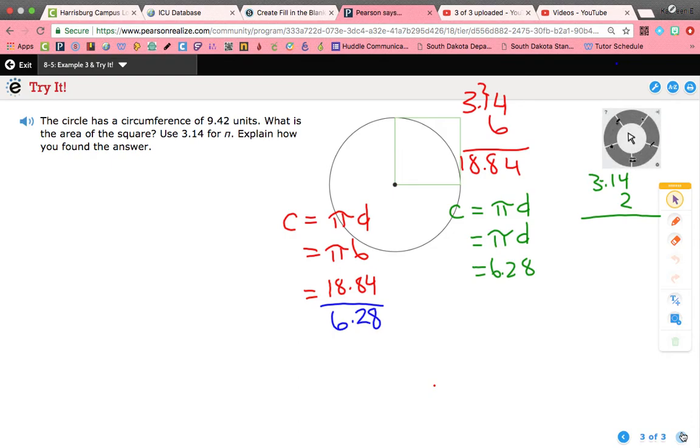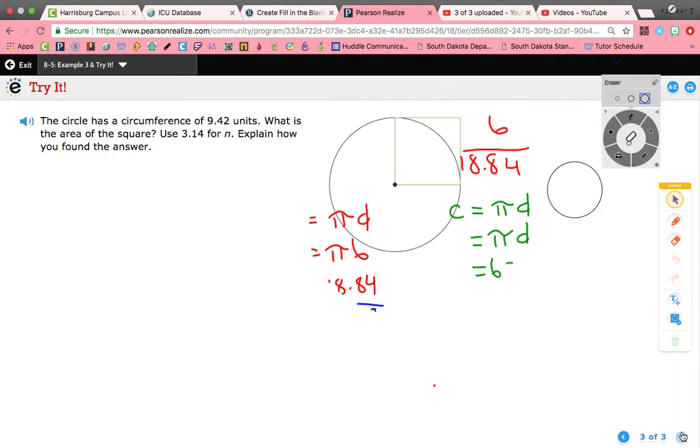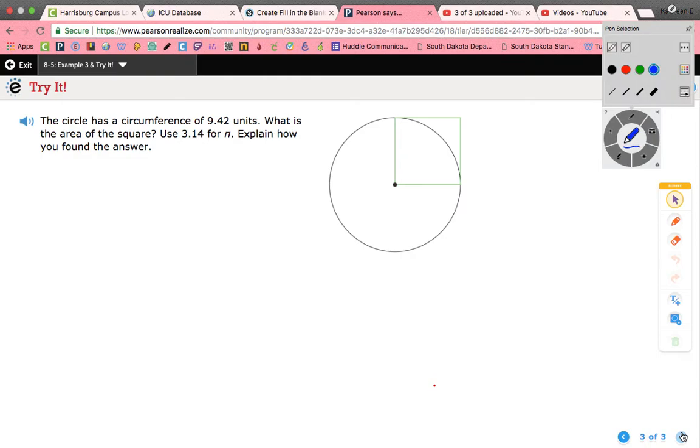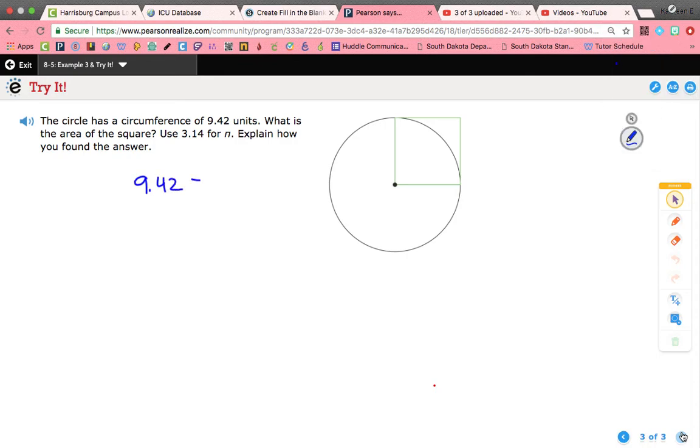A circle has a circumference of 9.42. Why did that not work? All right, guess it's not going to let me shortcut. Has a circumference of 9.42 units. What is the area of the square? Use 3.14 for pi.